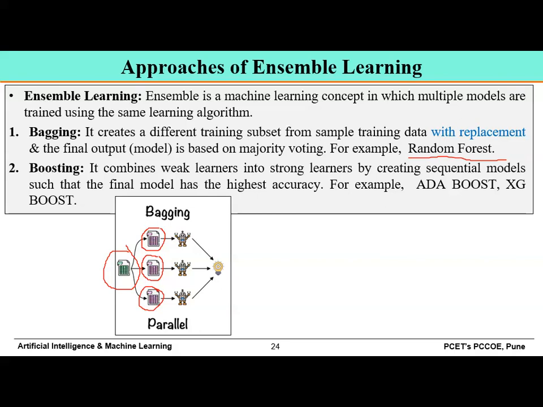So what you can see, from the population you are drawing 3 samples. Now for each sample you will be developing a machine learning algorithm. You can see here these are the 3 models. My question is, do you think all the 3 models will be the same? Maybe the same, but most of the time there will be a difference between these 3 models, because in each sample different students are there.